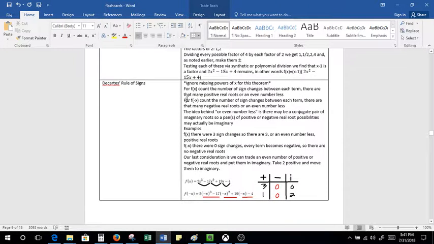Now we go on to this one. For f of negative x, count the number of sign changes between each term. So we do the same thing again. There are that many negative real roots or an even number less. So we go from here to here. There's no sign change if we multiply that all out, right? That ends up being negative, and so does this. Then we go from here to here.